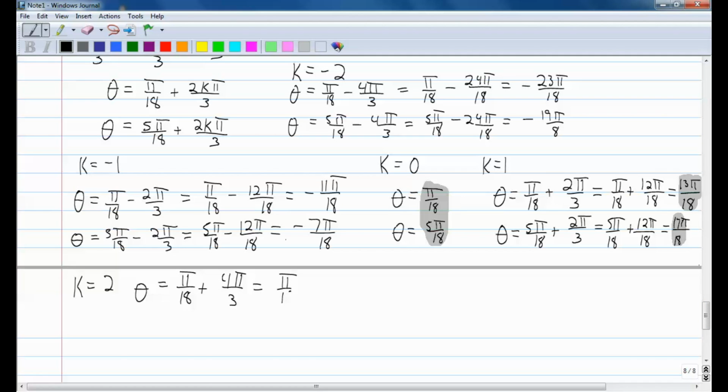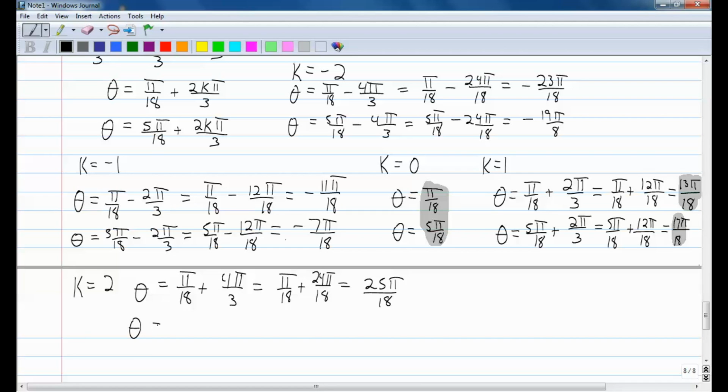That's going to be pi over 18 plus, 3 goes into 18 6 times, 6 times 4 is 24 pi. So that's going to be 25 pi over 18. Now 25 over 18 is larger than 1, but it's not larger than 2. Our cutoff is 2 pi.